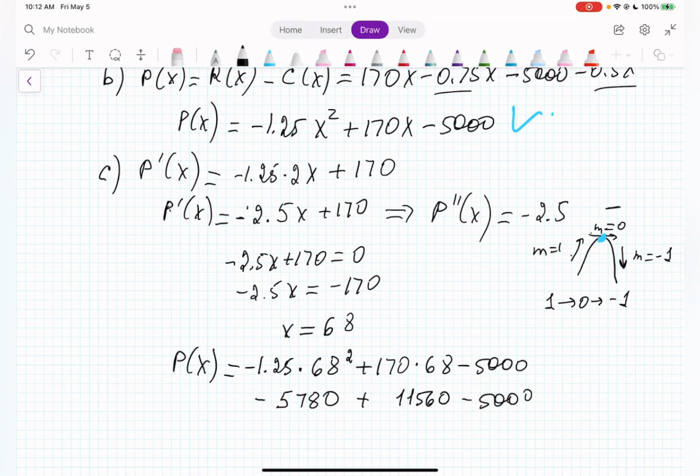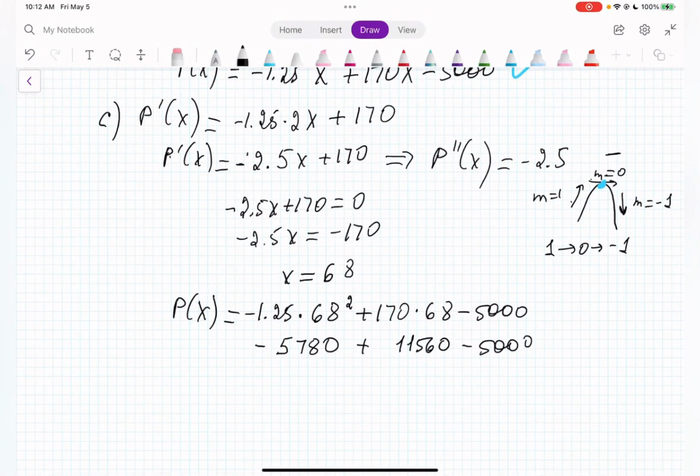Okay? So I did the math portion. Negative 1.25 times 68 squared is negative 5,780. This 170 times 68 is this much, and minus 5,000. So let's do the math. 11,560 minus 5,780, and then minus 5,000, and I'm getting 780.